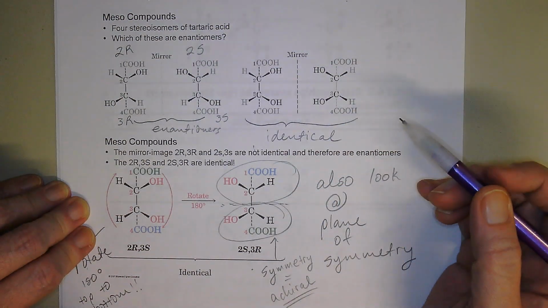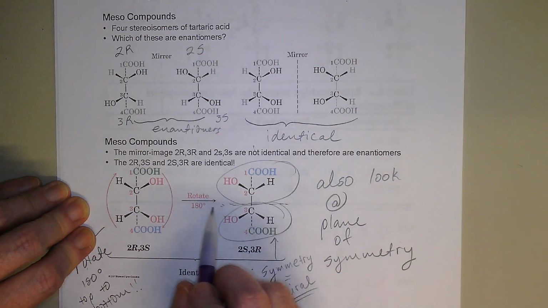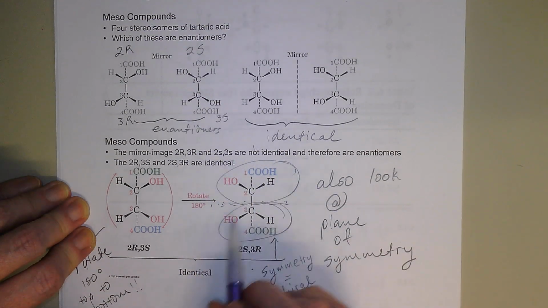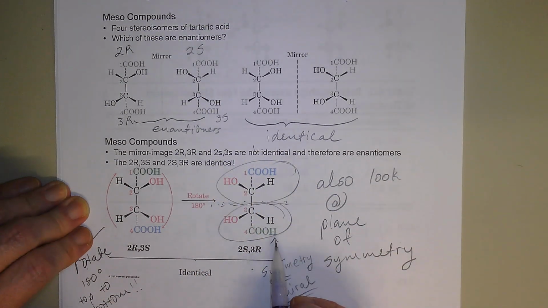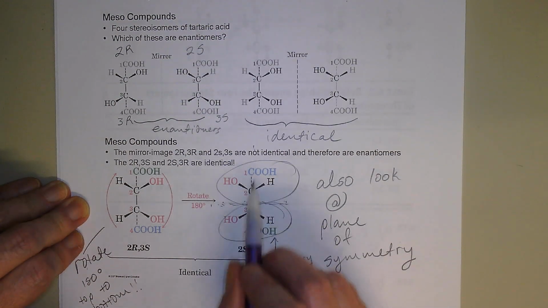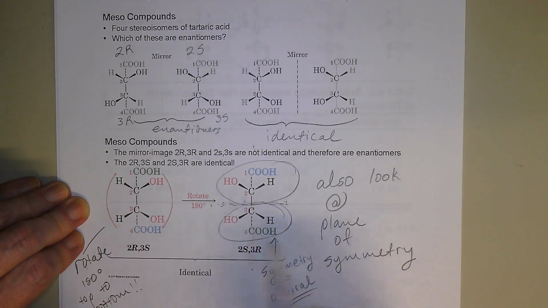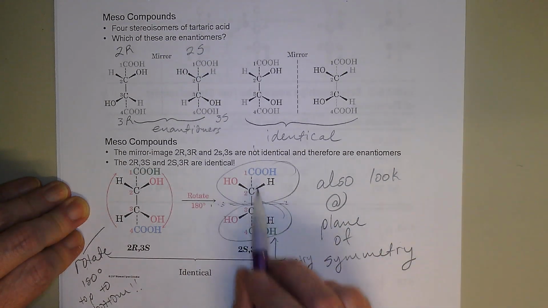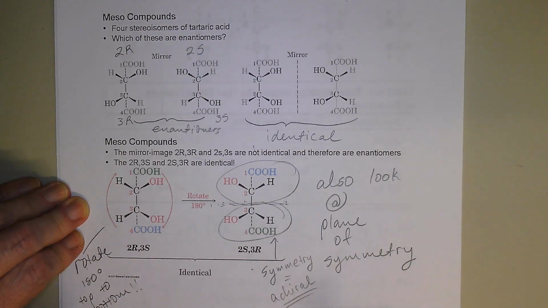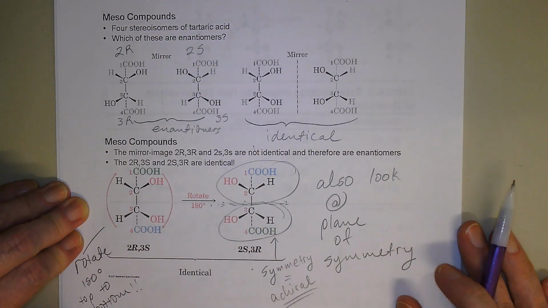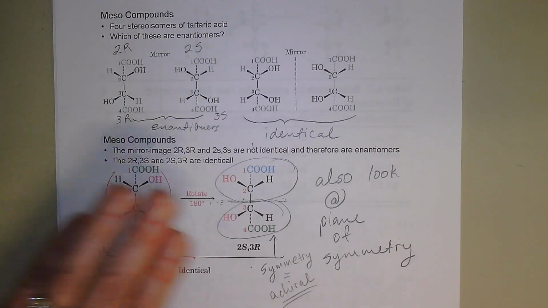And the reason is there exists a plane of symmetry within the molecule, so the top part and the bottom part are identical, okay? So since you can rotate it and you have another plane of symmetry where it's completely identical with the top and the bottom, you have symmetry. This is achiral, okay? And these are identical. Make sense? So they are the same thing.